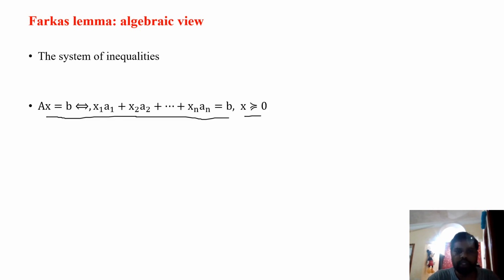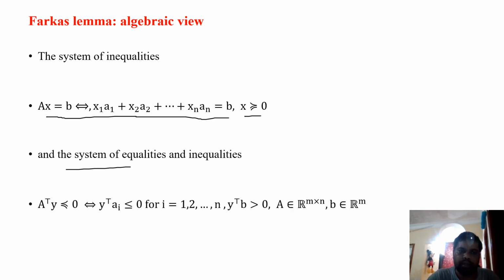So this one is also saying that B is in the cone of the columns of A. The second system is saying that if B is not in the cone of A, then clearly there is a separation between the cone constructed by the columns of A and the given vector B, and definitely there will exist a normal direction Y. So with respect to Y, we can get a hyperplane that will bifurcate or separate point B and the convex cone constructed by the columns of A. So this is the algebraic view of Farkas lemma. So these two are alternatives to each other.